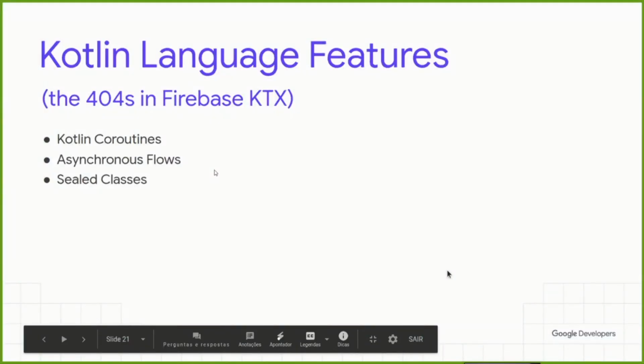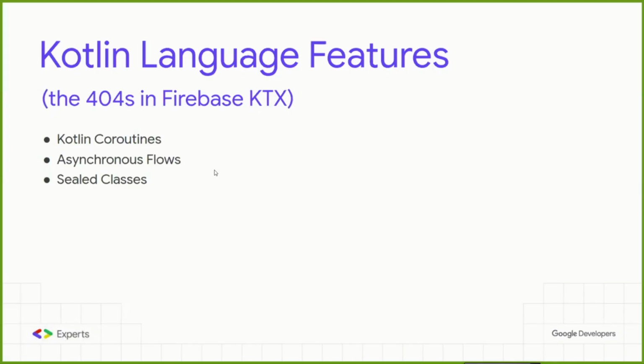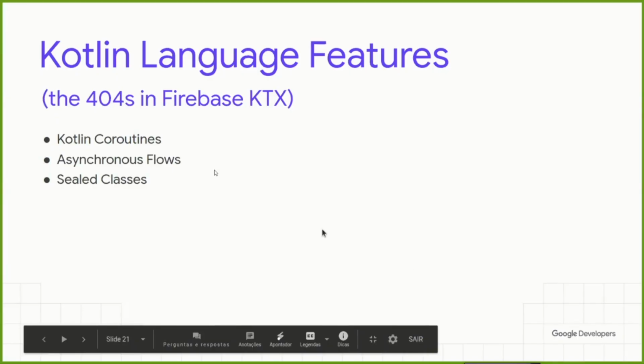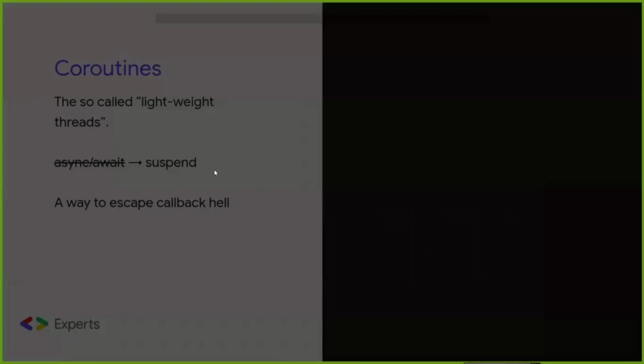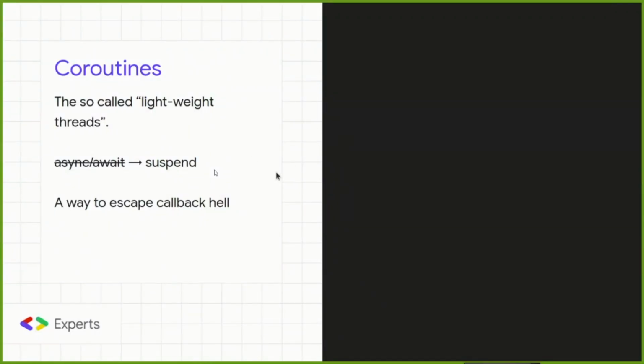Okay, so now that we spoke about the features that are present in the SDKs, there are a few that are not, and those are coroutines, flows, and sealed classes. So I'll be talking about this next. First, we have coroutines, which are called lightweight threads.